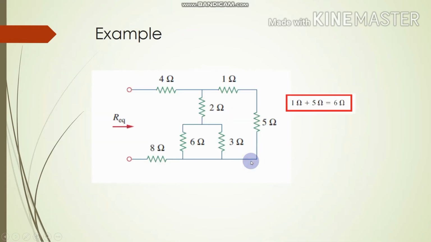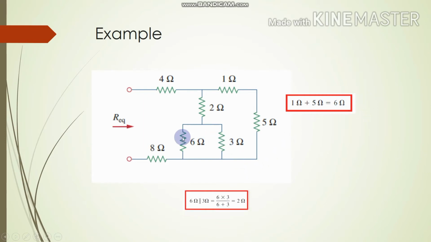Then we move to the example of circuit reduction. If we want to solve this circuit, we must first solve this series circuit. We add 1 ohm plus 5 ohm, which equals 6 ohm.